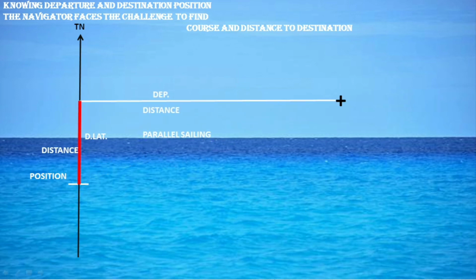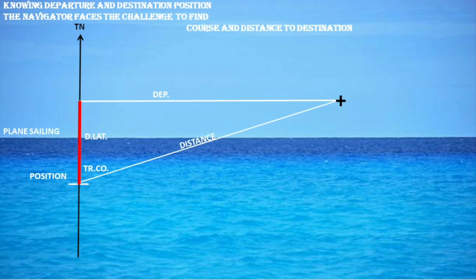Now this we will be dealing with in different types of sailings. First of them, I'll be talking to you about parallel sailing, in which you sail along either your meridian or your parallel of latitude, in which we'll be talking about d'lat and departure.